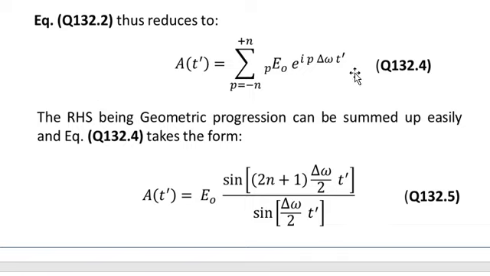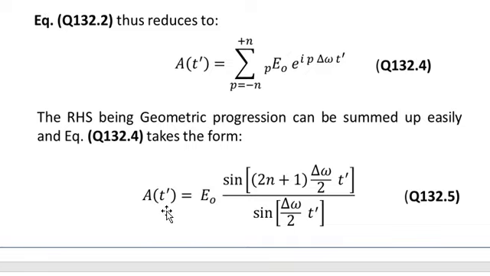The right hand side, that is this one, together with the summation sign, is a geometric progression and can be summed up easily. And equation number 4 will take the following form. So after you sum this up, you will get this form.